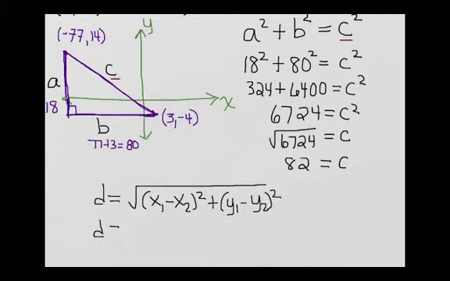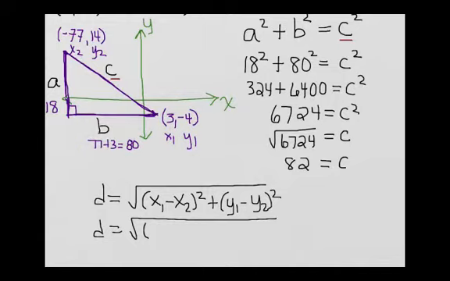So if we go back and we call this one x1 and y1, and this one x2 and y2, we can substitute values into the formula and see how it relates to the values that we got when we did this, just thinking through and using the Pythagorean theorem.